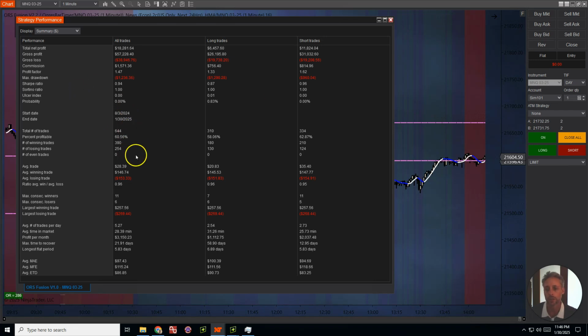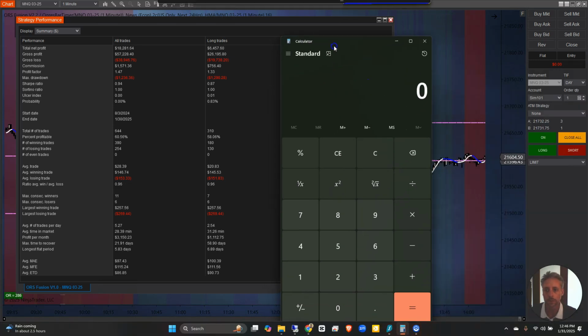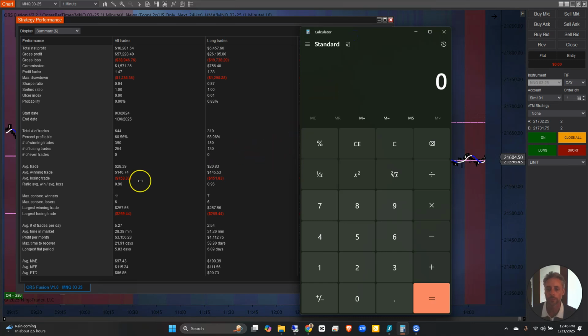So we can see here, let's get the calculator out. With 3 losses and ceasing to trade with this template, we'll take our total winning trades, 390, minus our total losing trades of 254.